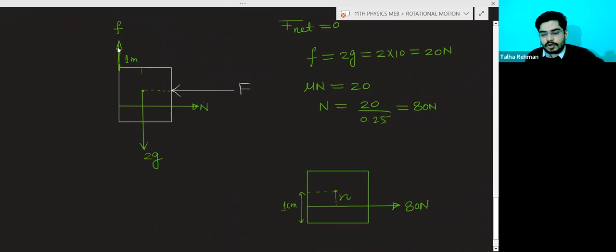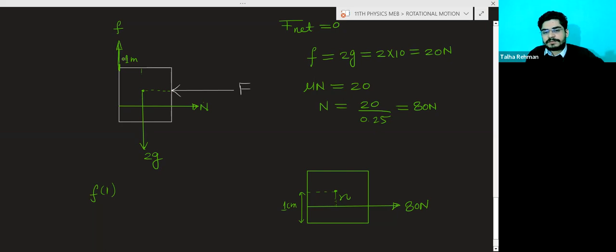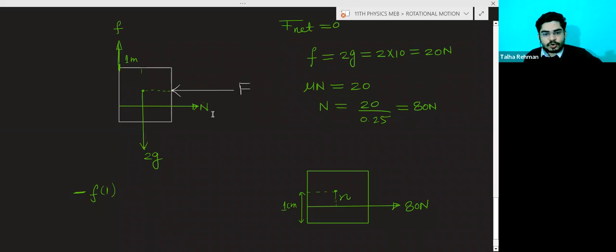So due to this friction force there will be a torque, and that torque will be F into 1, and the direction will be clockwise, so you can take this as negative. Now the torque due to normal reaction will be normal reaction into this distance.